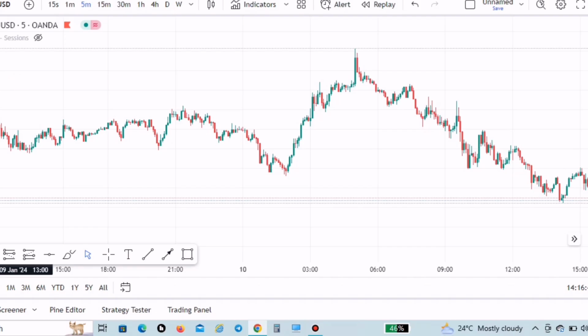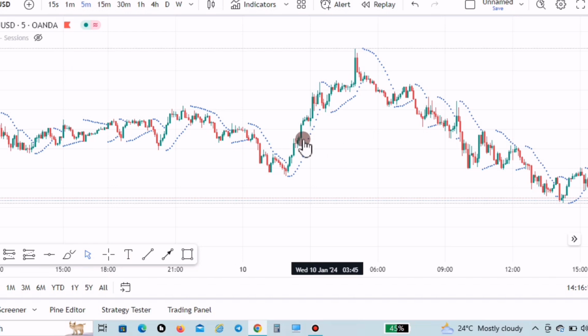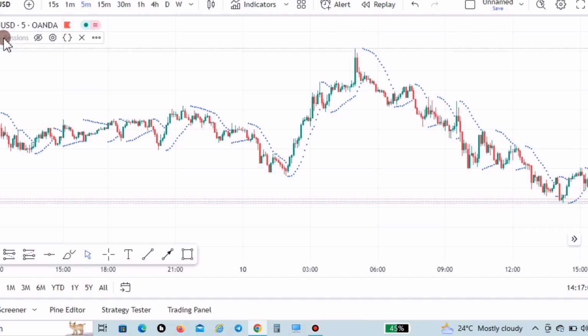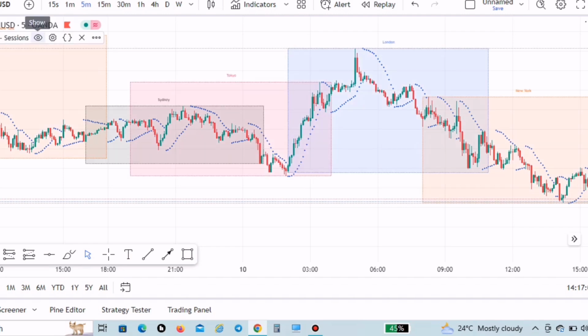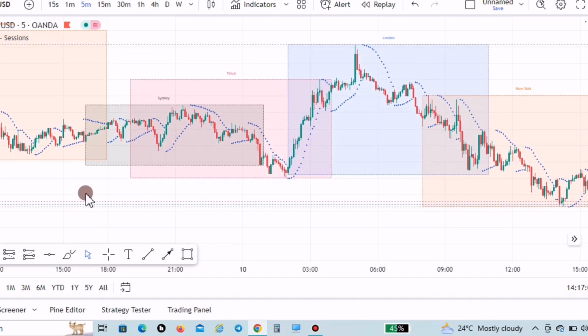Okay, so I'm going to just open the parabolic indicator. These are just the basic or default settings. You are going to learn as I explain. Another thing that I usually add is the sessions indicator. You can use any indicator that will show you the sessions of the market.